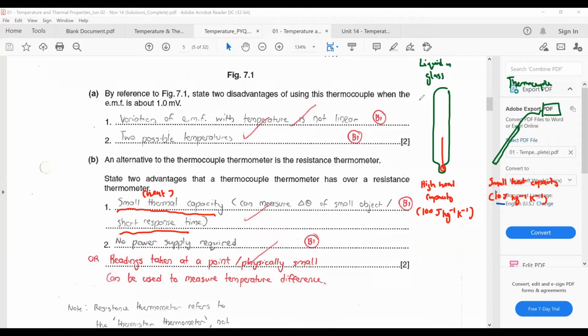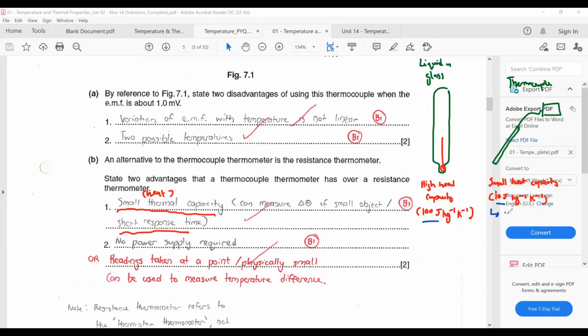But on the other hand, for the liquid in glass thermometer, if you want to have a change in temperature of 1 degree, you need to have 100 joules. So in terms of which one is actually more sensitive to temperature changes, this one is actually more sensitive.